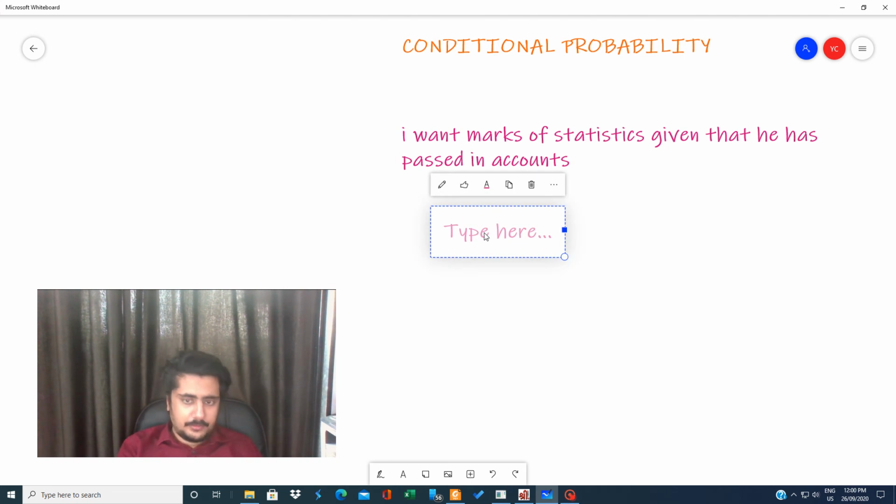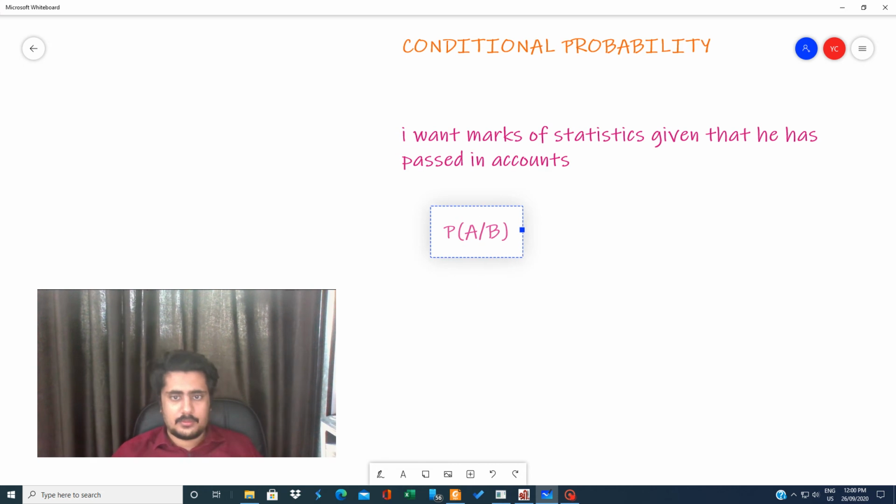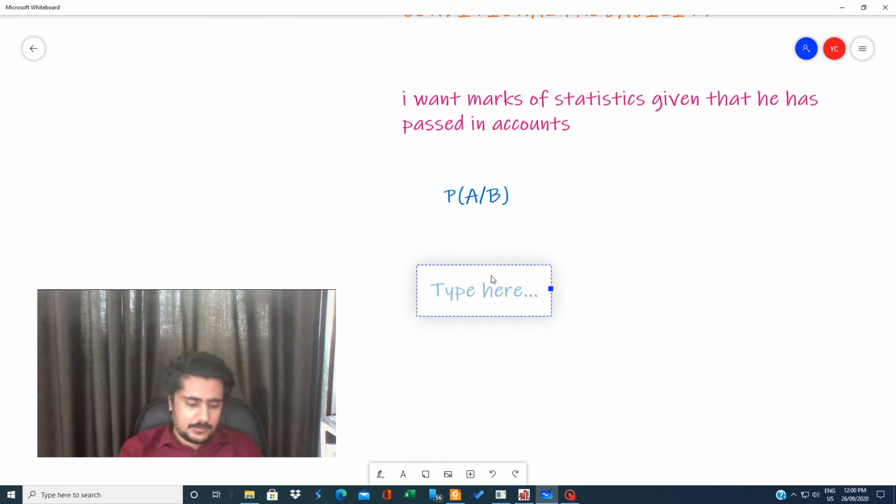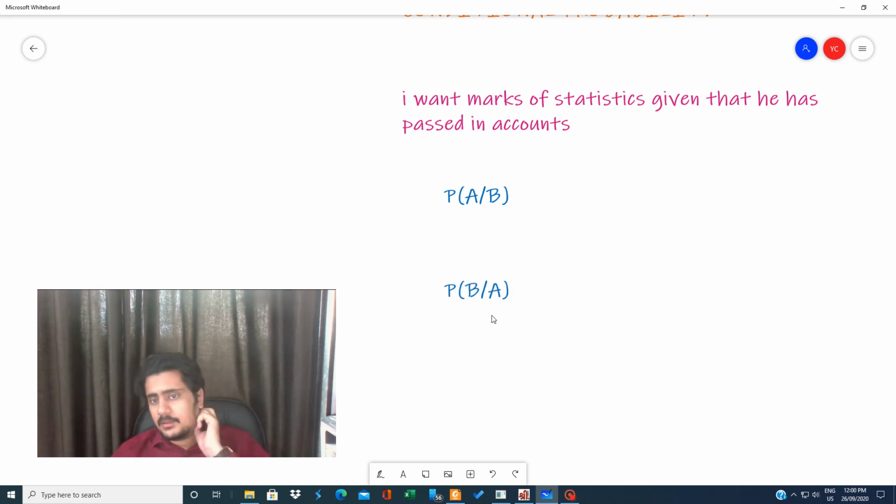One is P of A upon B, and the other is P of B upon A. These two are the conditional probabilities.